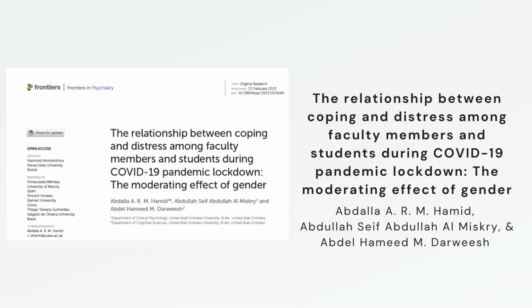A study entitled The Relationship Between Coping and Distress Among Faculty Members and Students During COVID-19 Pandemic Lockdown: The Moderating Effect of Gender by Darwish et al. used the point biserial correlation to examine the relationship of gender, a natural dichotomous variable, with coping strategies and distress.